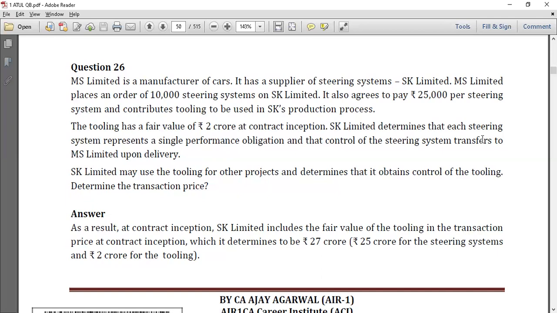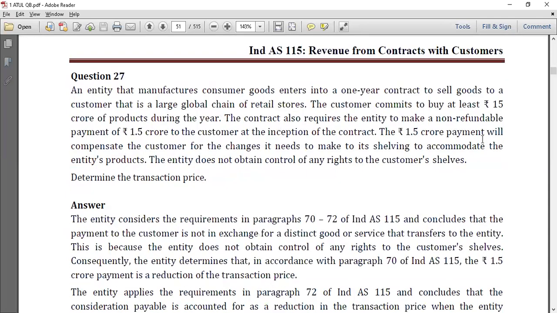That is 25 crores for the steering systems plus 2 crores for tooling. 2 crore is for tooling. That's it. Next question is 27.